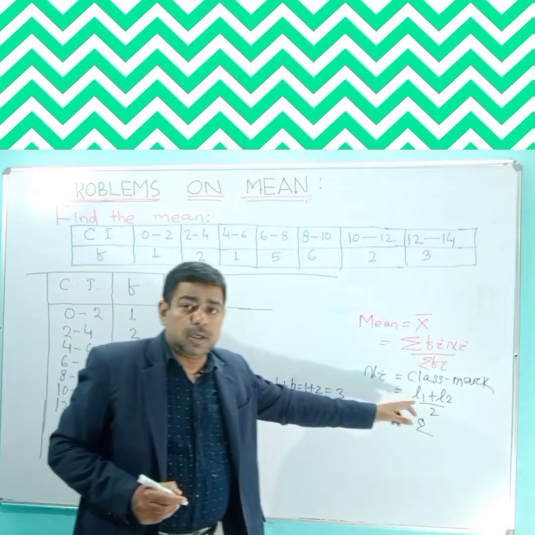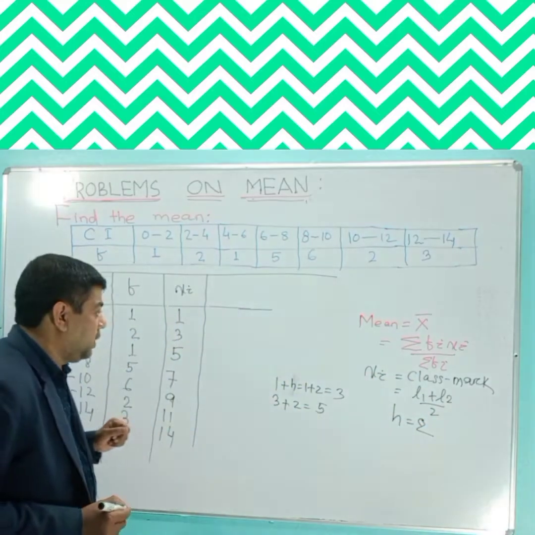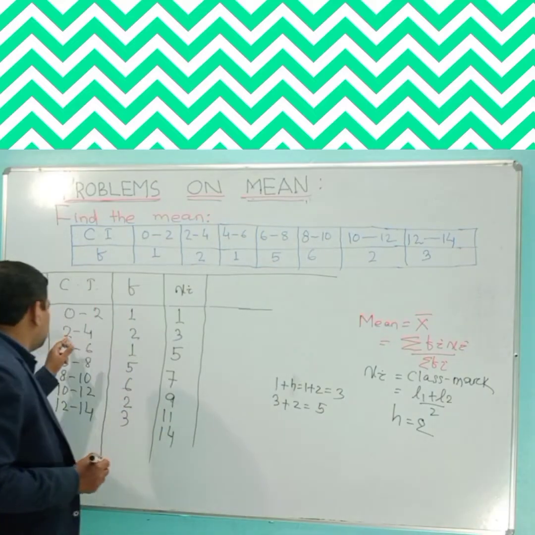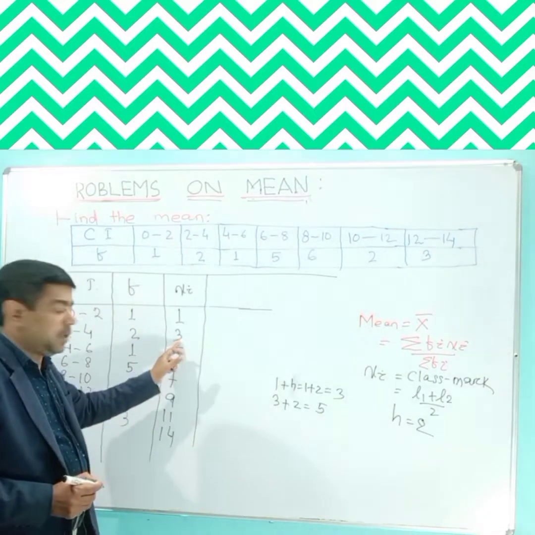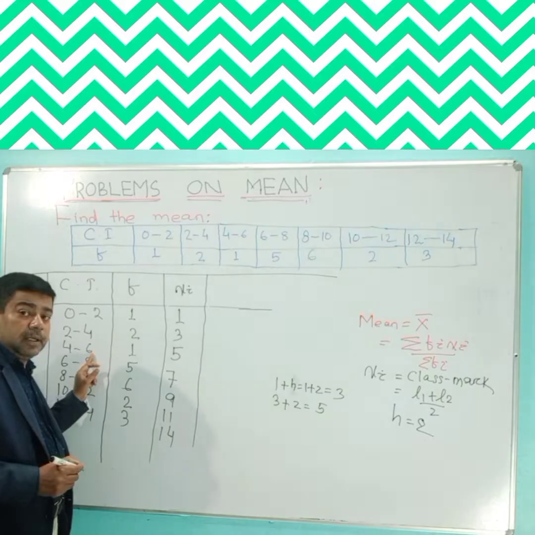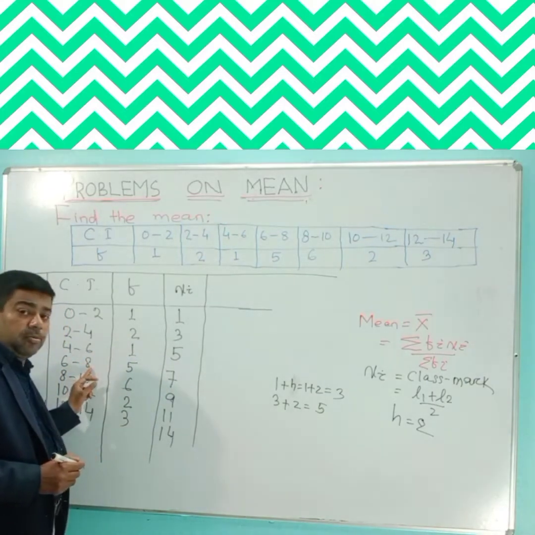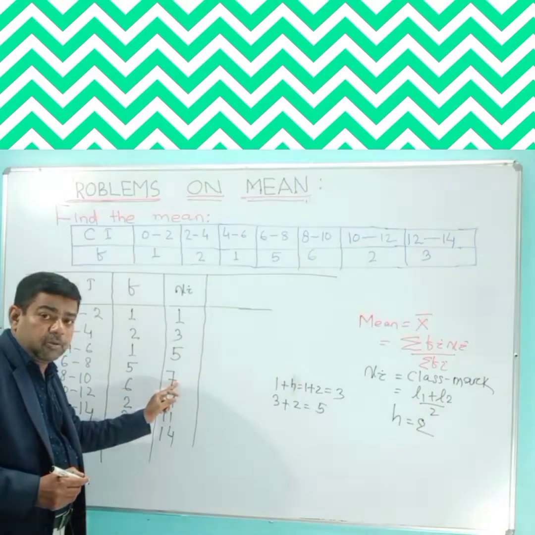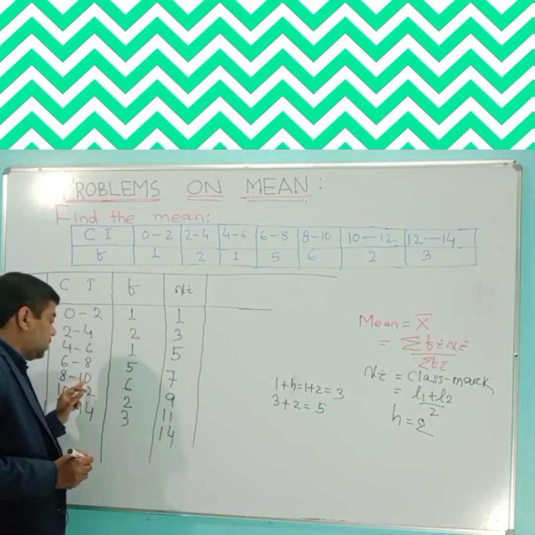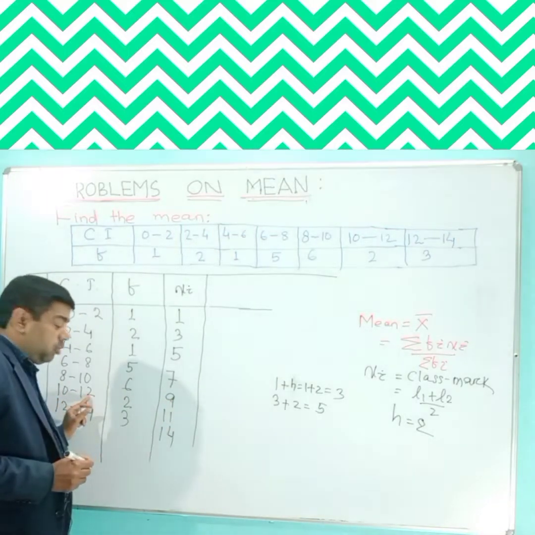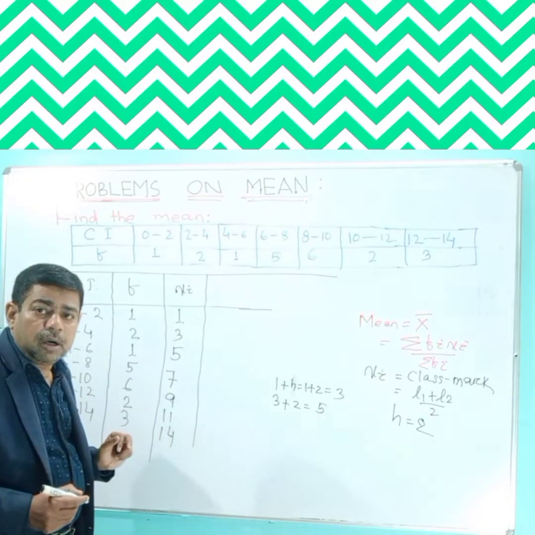Now you can check also. Let us verify according to the formula of class mark, L1 plus L2 by 2. 2 plus 4 by 2 is 6 by 2, which is 3. Similarly 4 plus 6 is 10, half of 10 is 5. 6 plus 8 is 14, 14 by 2 is 7. 8 plus 10 is 18, 18 by 2 is 9. 10 plus 12 is 22, 22 divided by 2 is 11.